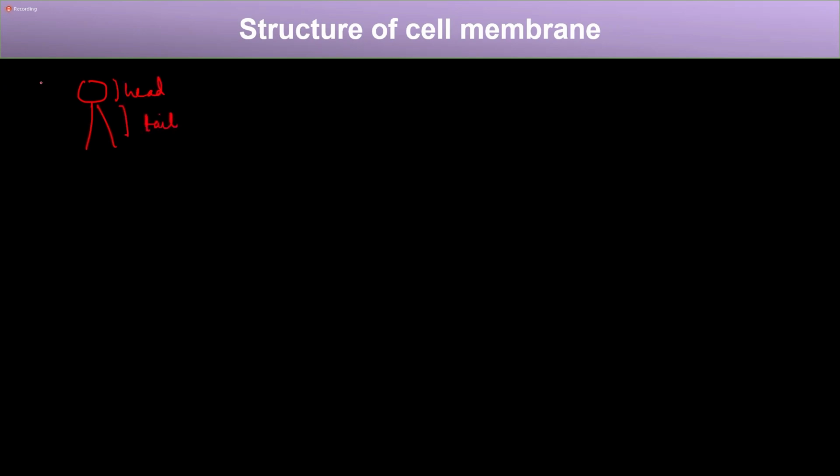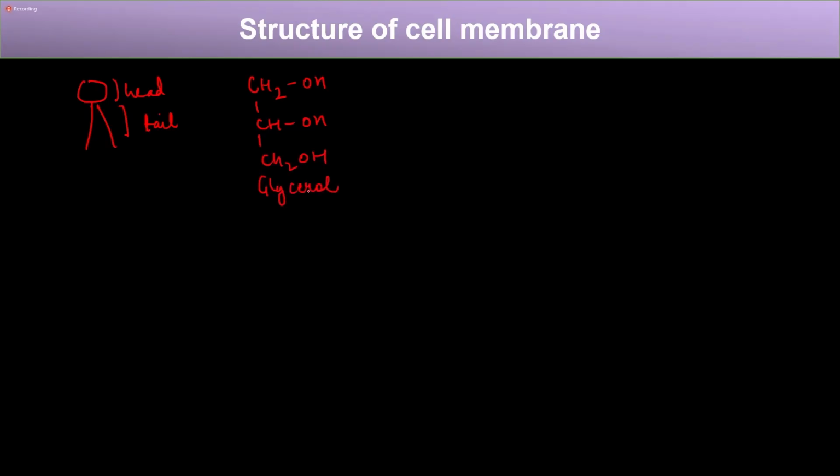Now, if we talk about what it comprises, a cell membrane basically comprises certain components. One of these is this component. It looks something like this. Okay. So what is this? CH2OH, CH2OH. It is glycerol.